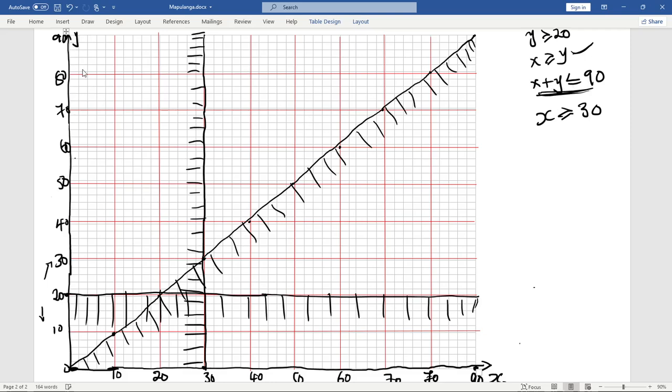So you can just put a straight line there, a straight line that will pass through those points, all the way to the bottom here.